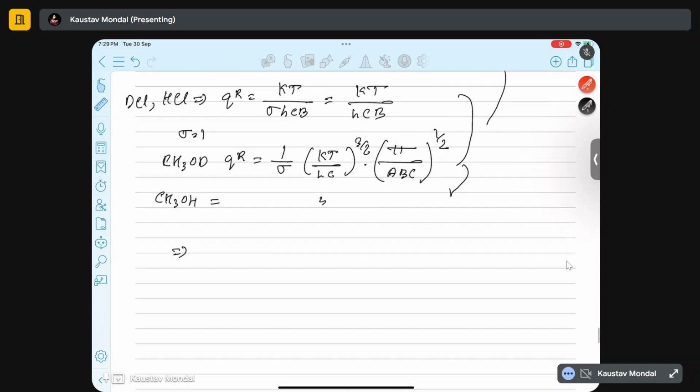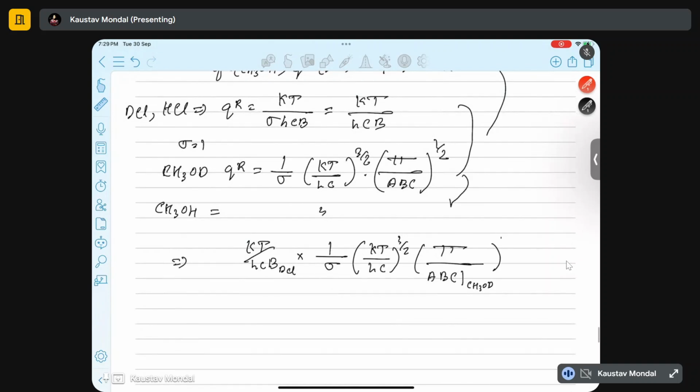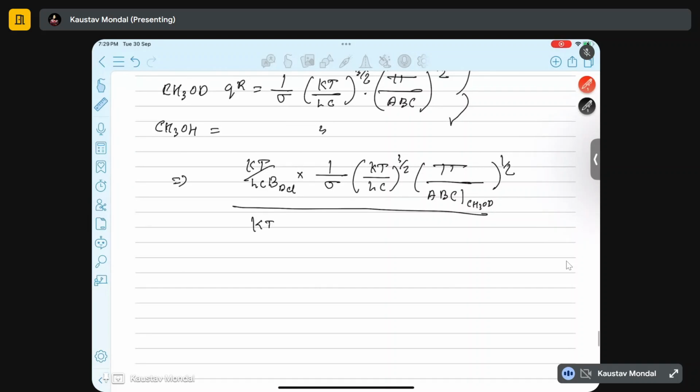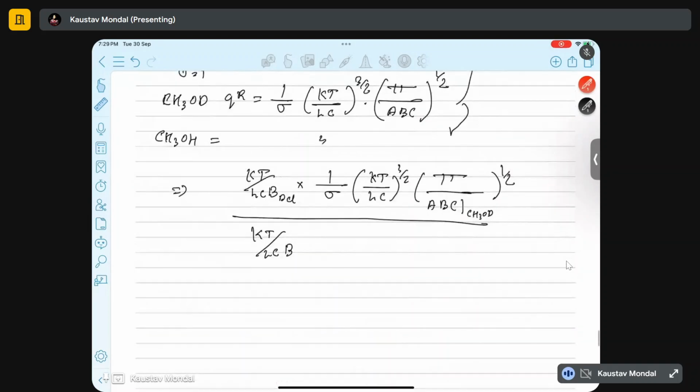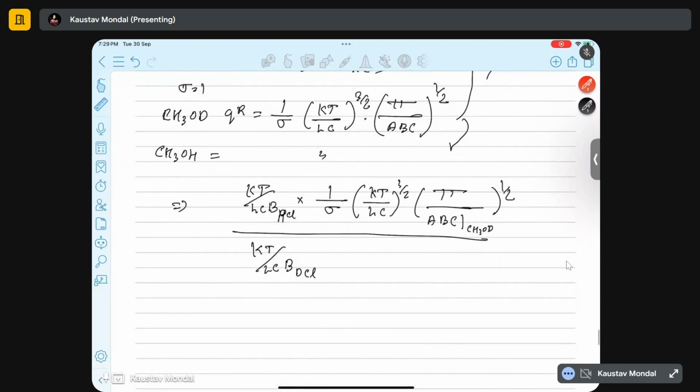So this gives you kT by hcB of DCl into 1 by sigma, kT by hc to the power 3 by 2, pi by ABC of CH3OD to the power half, by kT by hcB of HCl, this is HCl, this is DCl, into 1 by sigma, kT by hc to the power 3 by 2, pi into ABC of CH3OH to the power half.